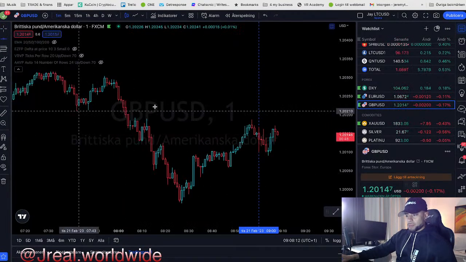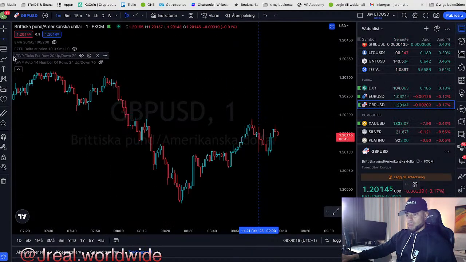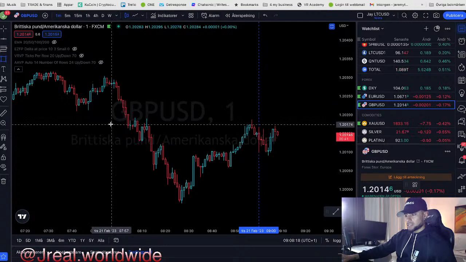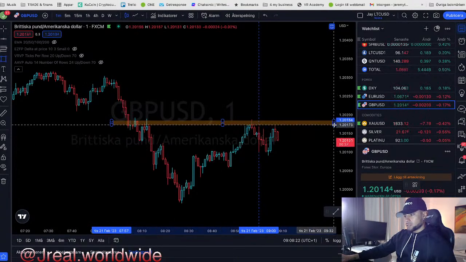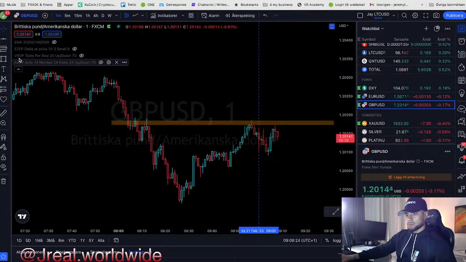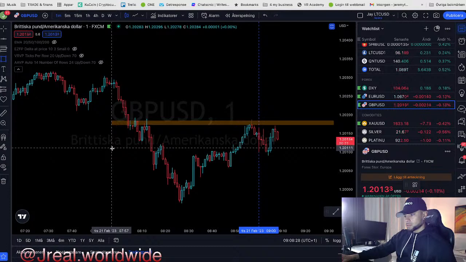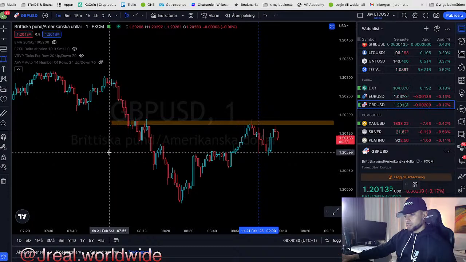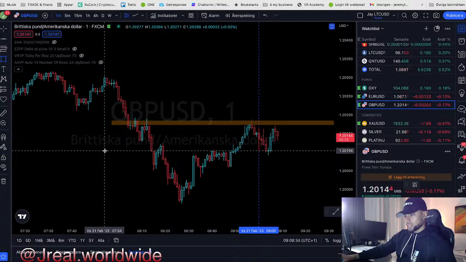See on the GBP USD, if you're looking on the small time frame, let's say if you want to scalp this, this is the level. And I would argue that we got 2 levels here.